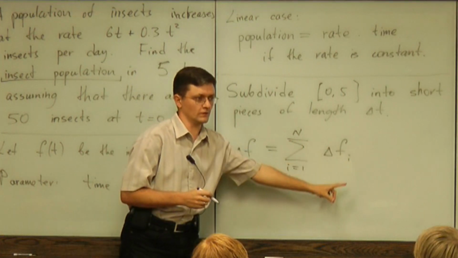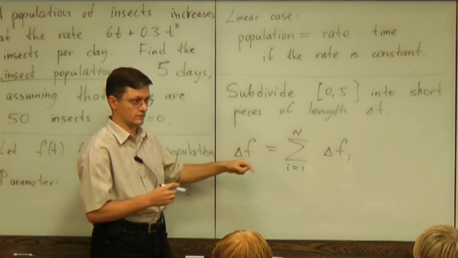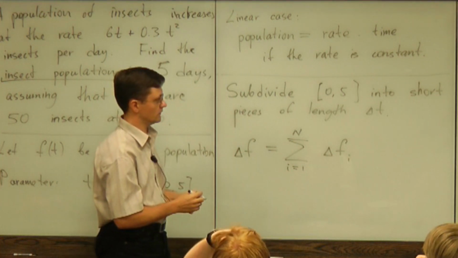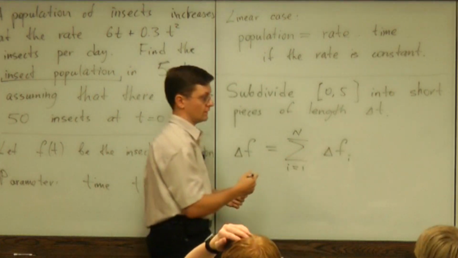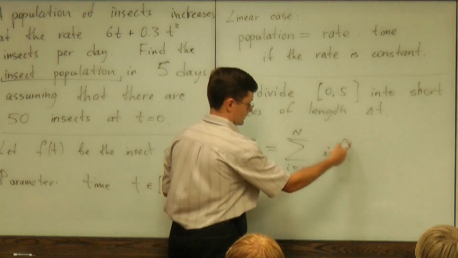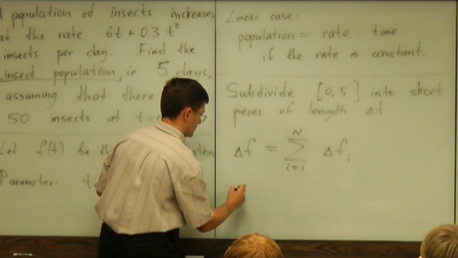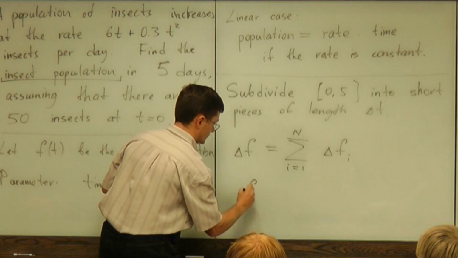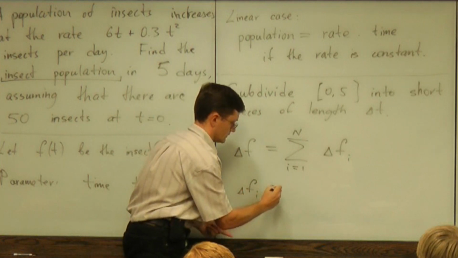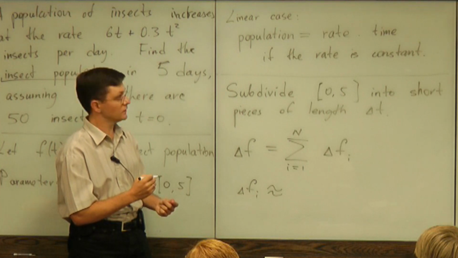So this is the beginning of our build-up of the integral. And this is exact equality. Right? The total change is exactly equal to the sum of incremental changes over those intervals of length delta t. And then we would like to work on this sum. And what we say is that delta f over the ith interval is approximately, what is it approximately?